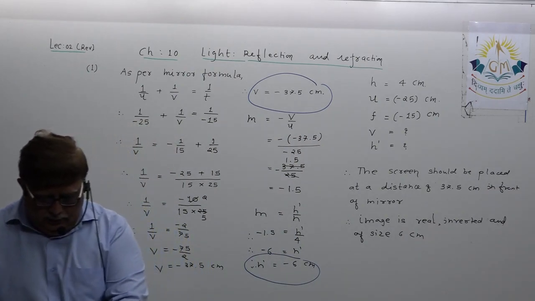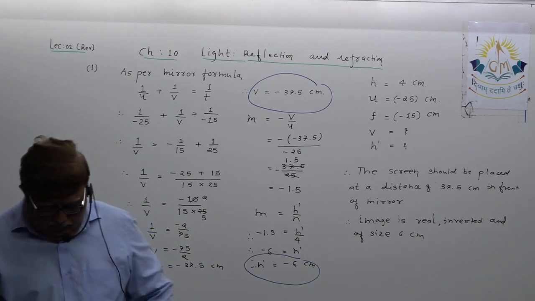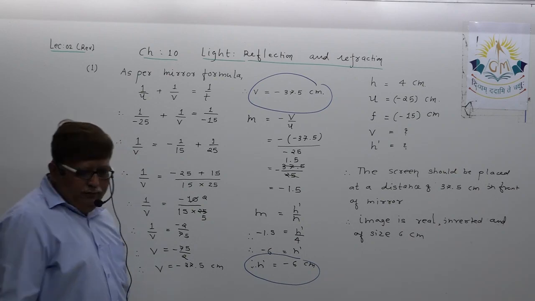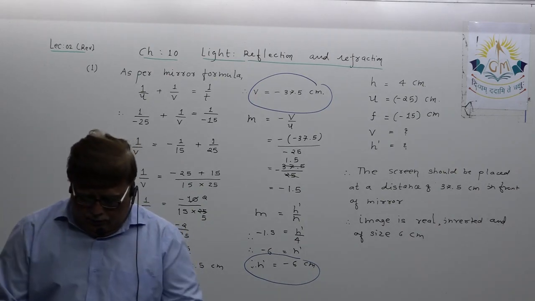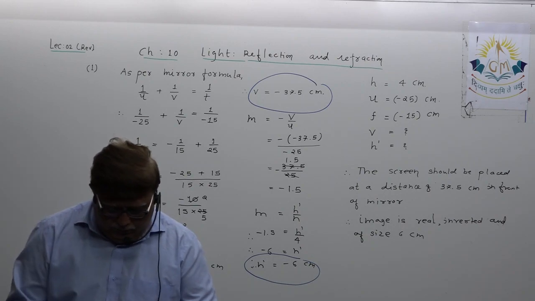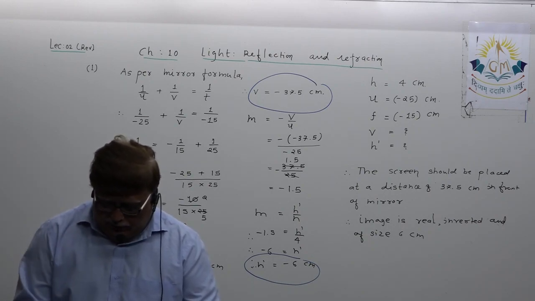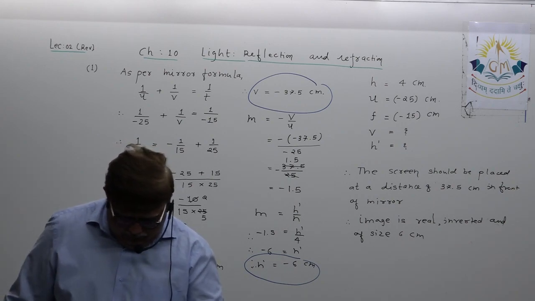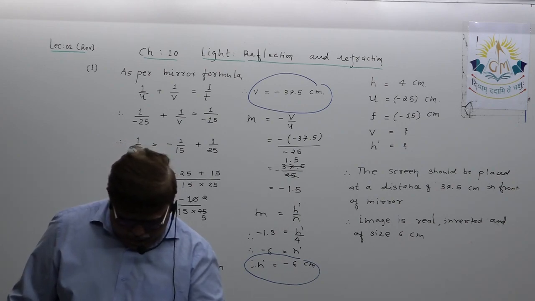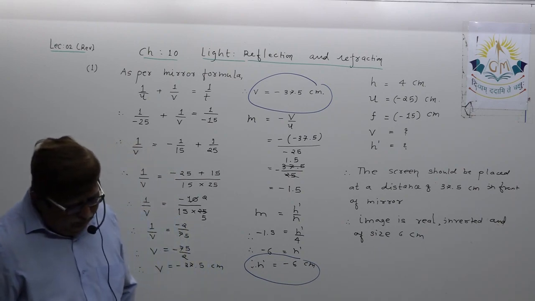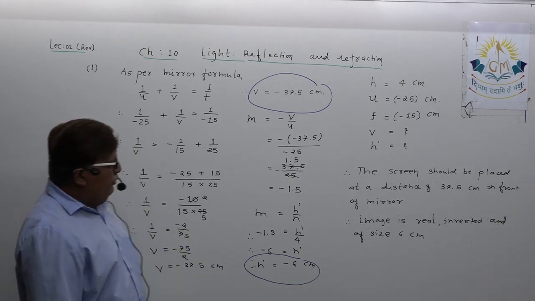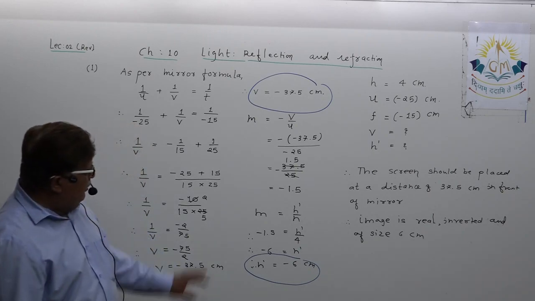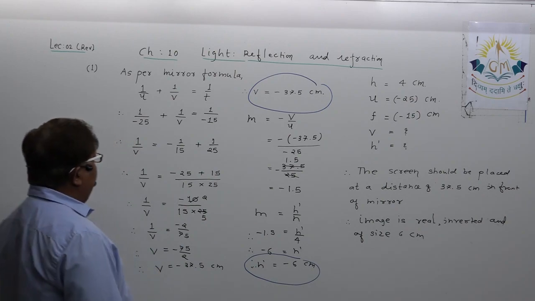Okay, one other sum we also want to target. First we just have a look at this, then we're going to target the second sum from the PDF. You just check it, that is also regarding the concave mirror only. The second example I have given is also regarding the concave mirror. You just have a look at the sum.